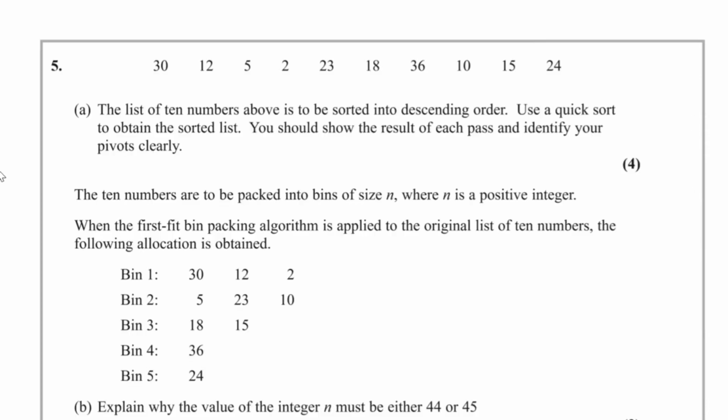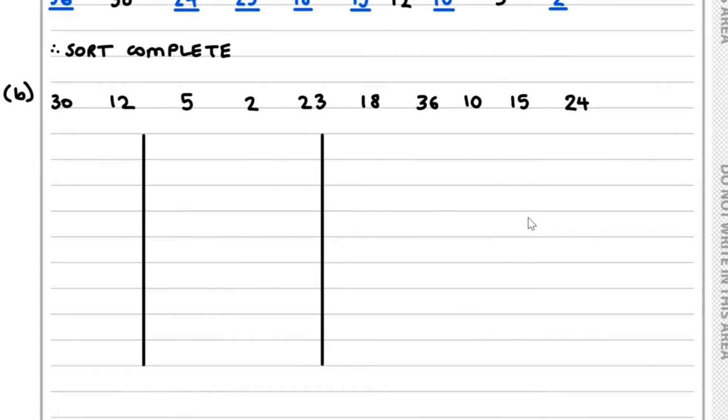So, if I take a look at the sorted allocation, we have this 30 which is placed into bin 1. So if I open up a new bin, call it bin 1, currently it's got a size of n, and then I place the 30 into this bin, so that will leave a space of n minus 30.